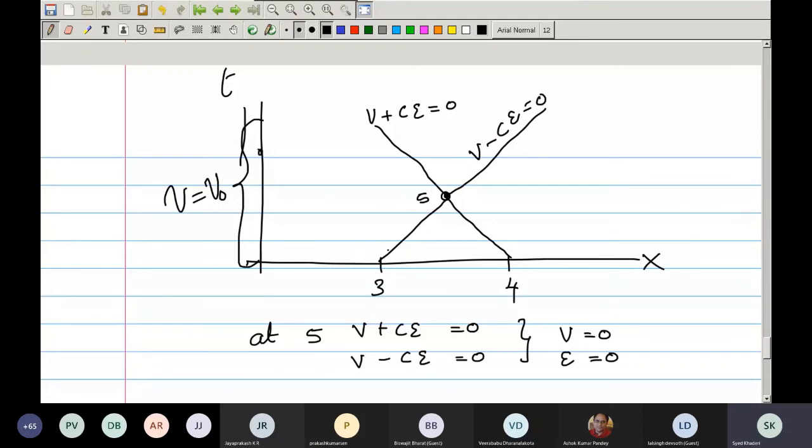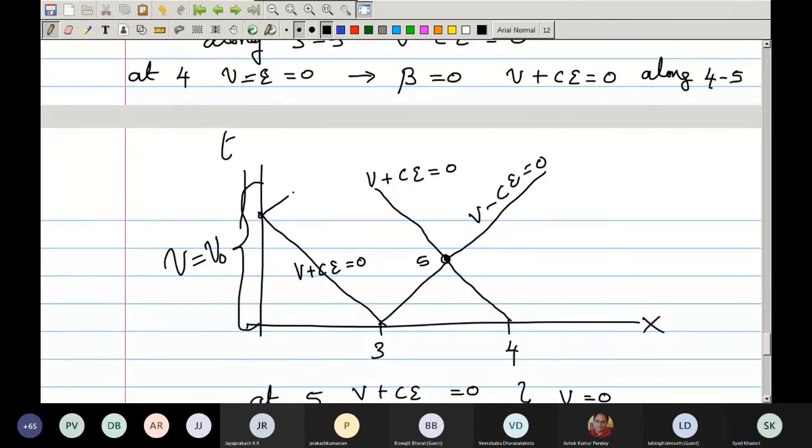So what we'll do is we'll again take this characteristic and take it there. Along this line again, I will have this condition that v plus c epsilon is 0. And along this line, we will have v minus c epsilon equal to some other constant, let us say alpha 1. Let us say the points are 3, 5, 6.